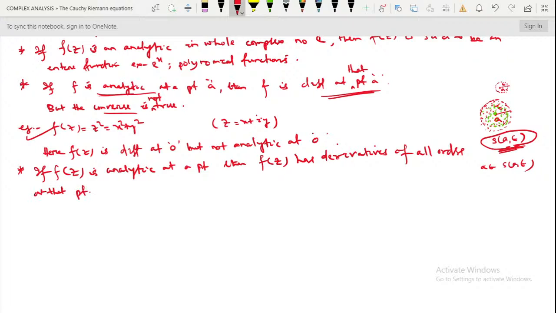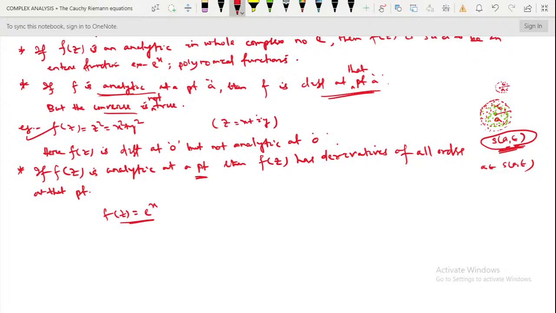Suppose I say f of z equal to e to the power x, and if it is analytic at a point, then f of z has derivatives of all orders.